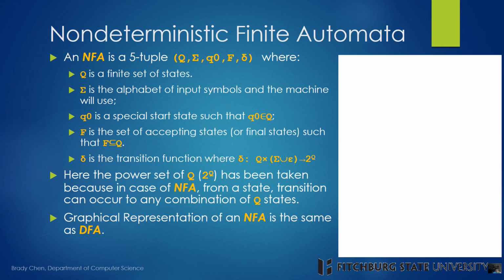In the previous module, we learned that a finite automaton has 5 tuples. The Q, which is the finite set of states, sigma, which is the alphabet of input symbols, Q0, the starting state, and also F, the set of accepting states, and then the transition function.